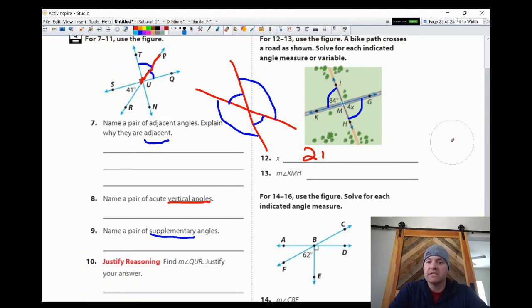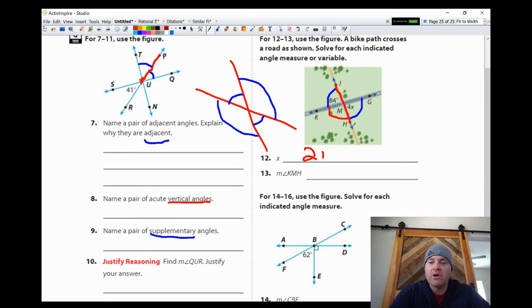Number 13 says I want to find the measurement, that's what this M angle says. That means the measurement of angle KMH. KMH is this angle right there. Well, I know that KMH, this red angle, plus this 84 degree angle form this straight line. Therefore, I know that these two combine to make 180.